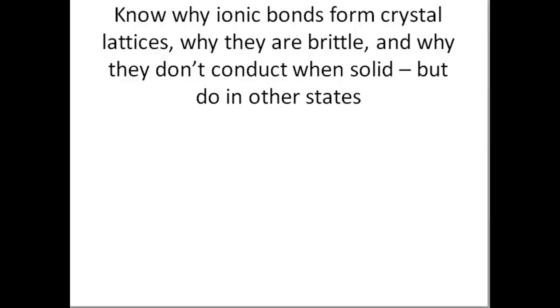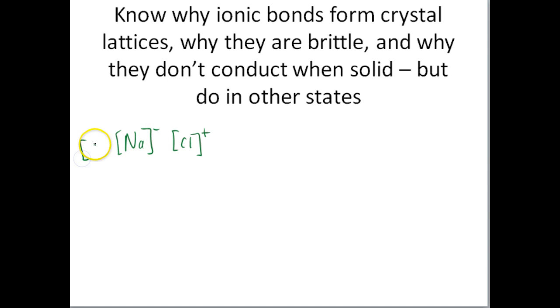Now, this is also why they form crystal lattices. When you have the positively charged sodium and the chloride ion, these two can stick together here, but you still have this negative charge. The whole ion is negatively charged.